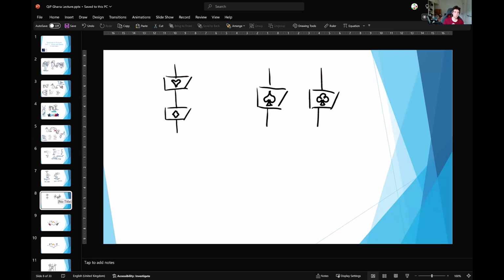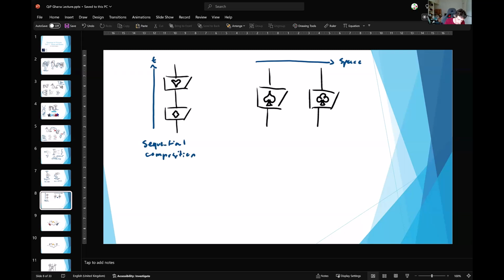And there are two basic operations, two basic ways of composing boxes. One of them is sequential composition. Again, time goes forward and space goes sideways. So sequential composition is one box after the other. Take the output of a box and plug it into the input of another box.